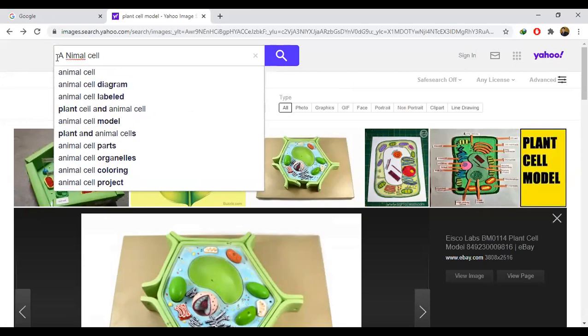Animal cell. Animal is also an animal, correct? So it is animal cell, our cell, your cell.